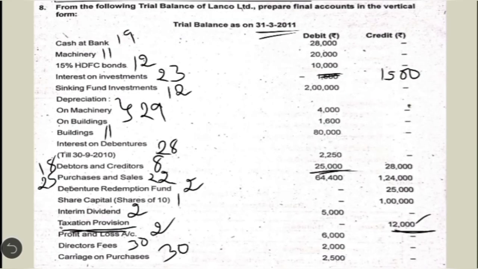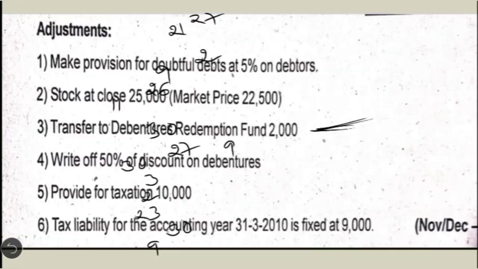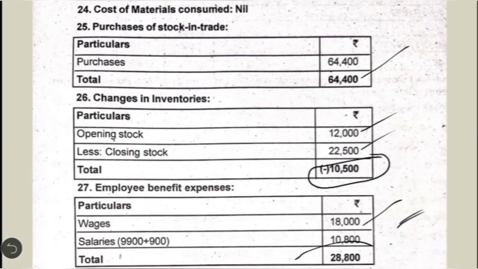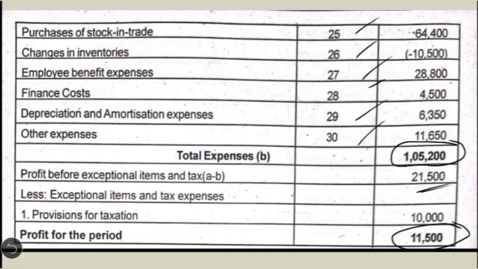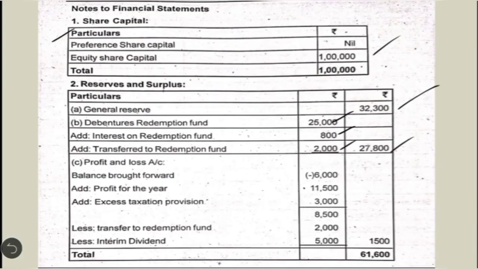So here they have given profit and loss account. So debit balance is given. Please try to understand. So far we have seen the credit balance of profit and loss account which represent profit. But in this case they have given debit balance of profit and loss account which represent loss. Okay. So we have to write here in note number 2 minus 6,000 which represent loss.